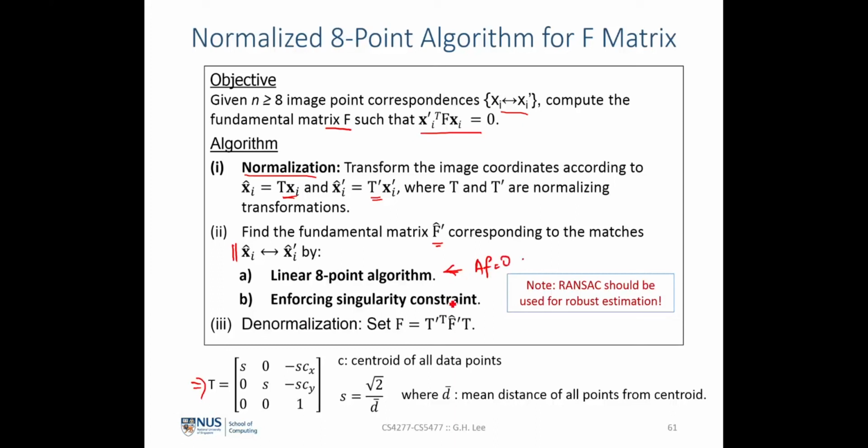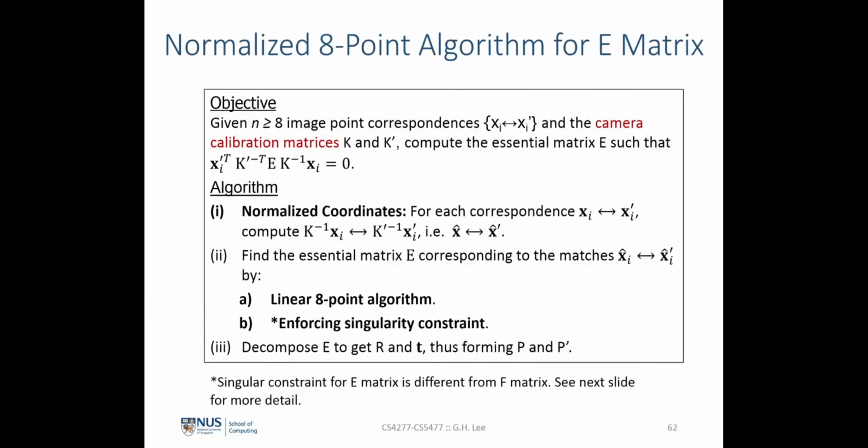Then finally, we enforce the singularity constraint by finding F prime, which is the Frobenius norm arg min over F prime subject to the determinant of F prime being equal to 0, to make it a valid fundamental matrix with rank 2. After we have found the fundamental matrix, we need to remember to denormalize to recover the correct fundamental matrix.